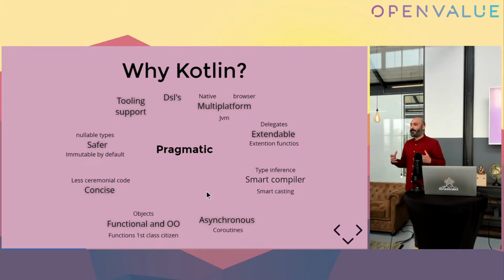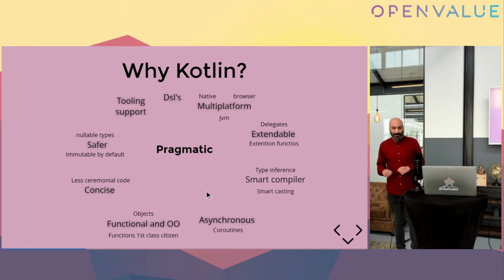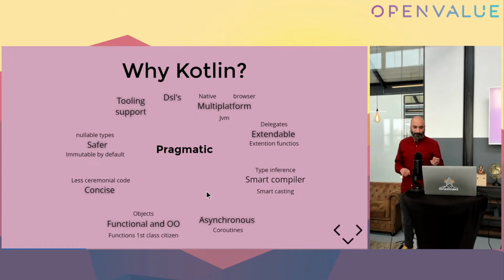The compiler is a little bit more helpful. You can call it smart. There are things like smart casting. Once you've checked that the object is of a certain type, in the next line you don't need to cast it to that type. It will understand that it's already been checked and everything is all right, so you can just call the members.